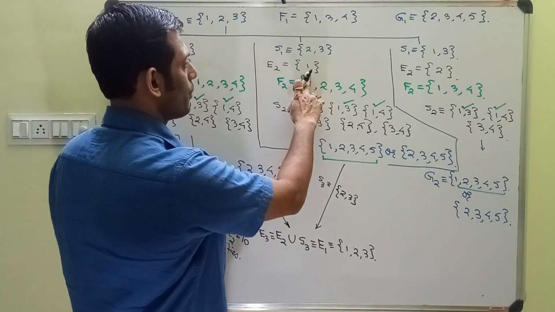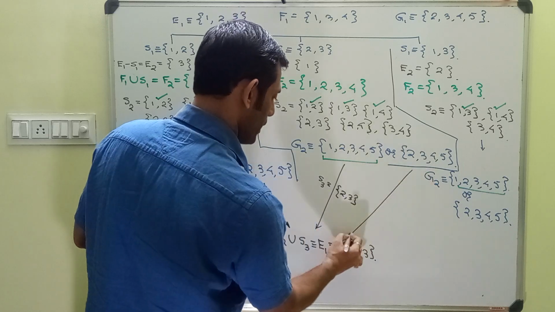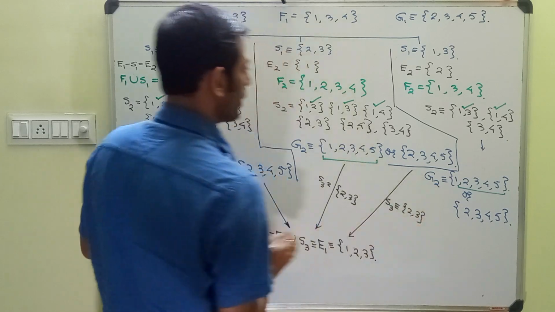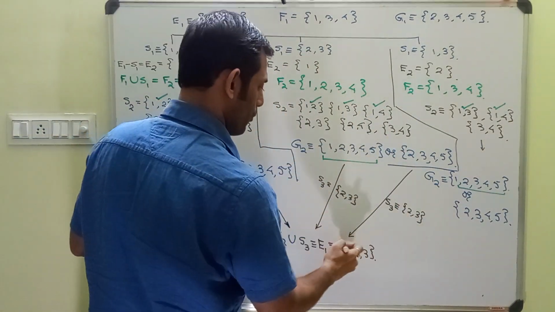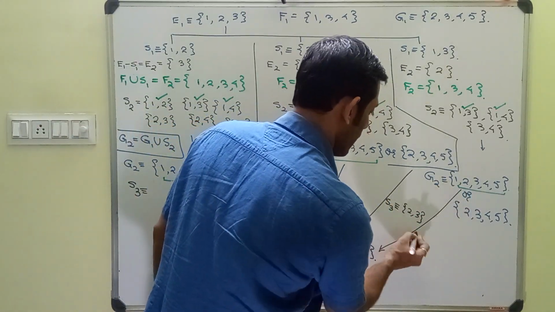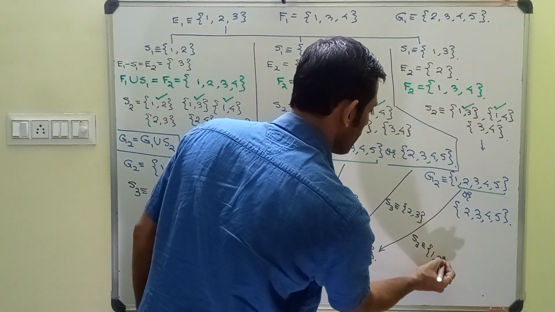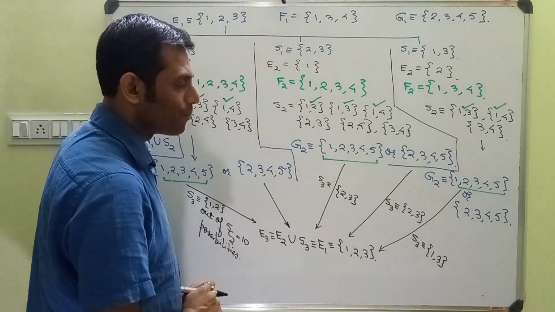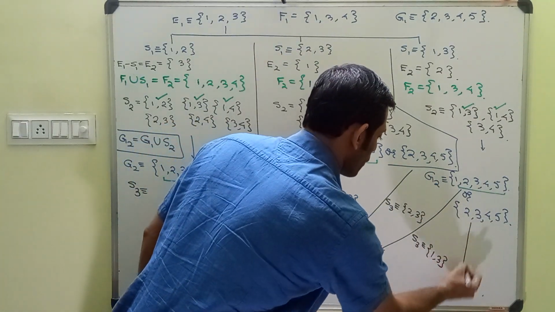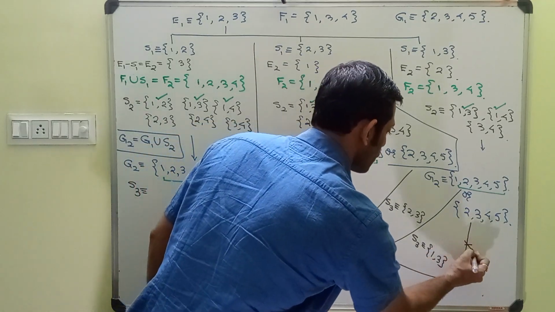Now simply one from here as well, 2, 3 here as well, I can have S3 equal to 2, 3. With E2 having 1, I can form 1, 2, 3. And from here I can have S3 equal to how much? If E2 is 1, then I can have 1, 3 from here and create 1, 2, 3, and from 2, 3 and 2, no, 1 would be missing, I would not get anything. So nothing from here means let's put a cross.